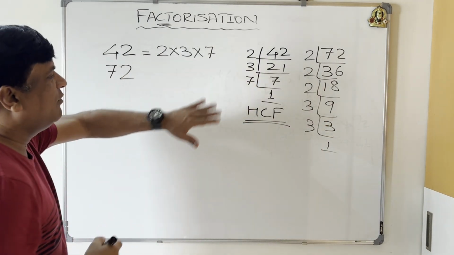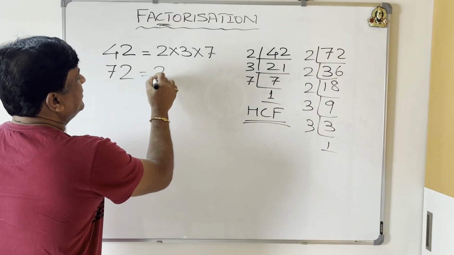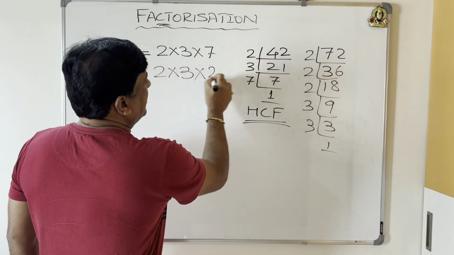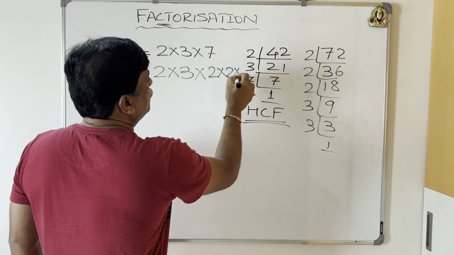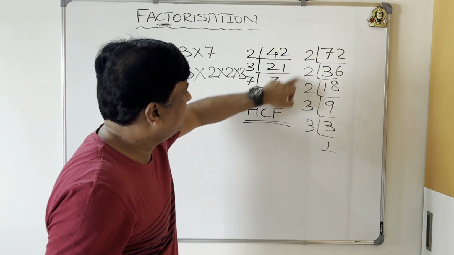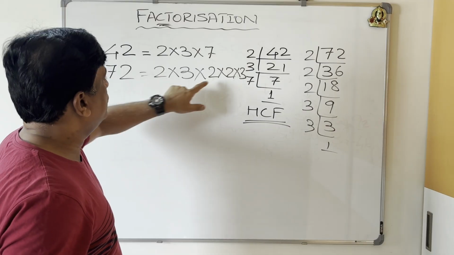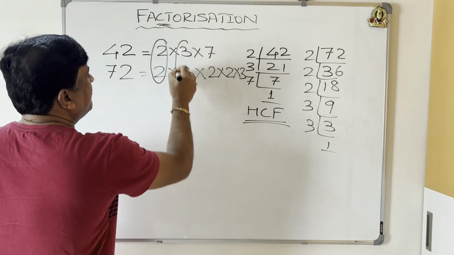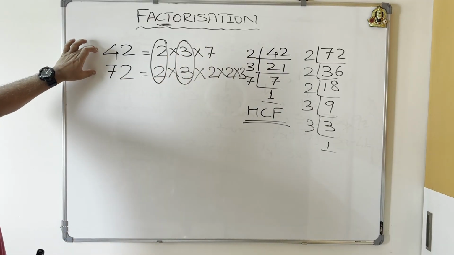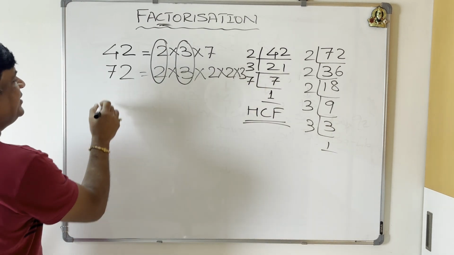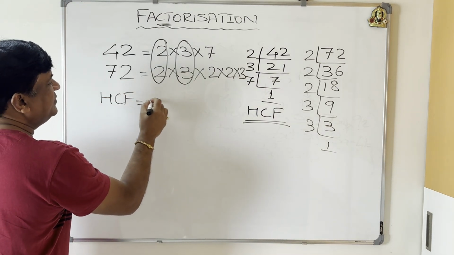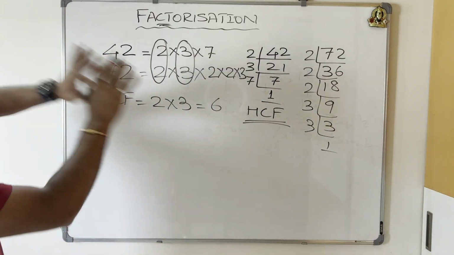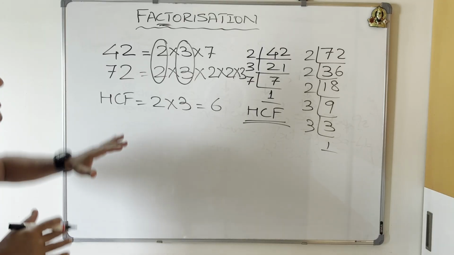What we used to do is put those factors in this way: 2 into 2 into 2 into 3 into 3. There are three 2's and two 3's. And we used to circle the common ones like this and find the highest common factor between these two numbers. So the highest common factor between those two numbers is 2 times 3, which is equal to 6. Similarly, we can do the same thing in algebra as well. So let's look at that.